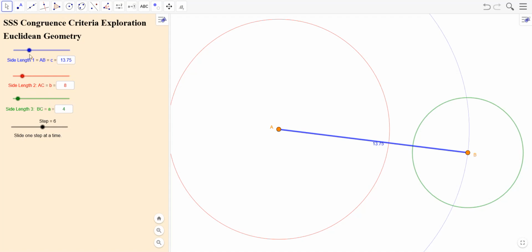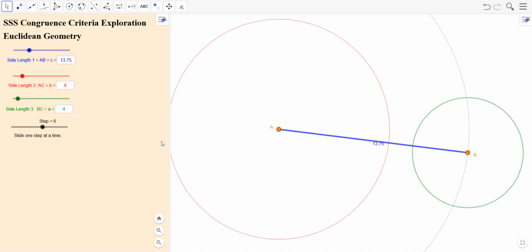So the SSS condition either results in 0 congruence classes whenever the triangle inequality is not satisfied, when the 2 shorter side lengths add up to less than the longest side length, or the same. And when the triangle inequality is satisfied, when the lengths of the 2 shortest sides add up to strictly more than the length of the longest side, then in fact exactly 1 triangle congruence class exists.